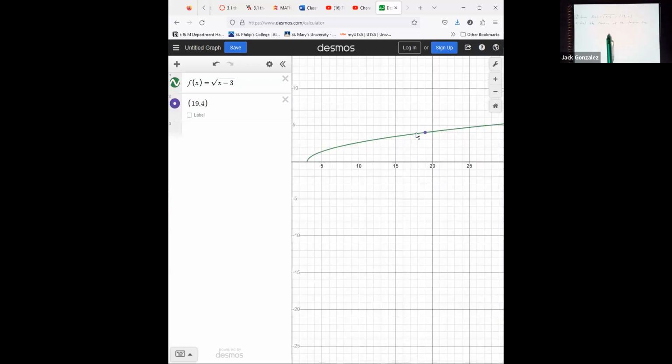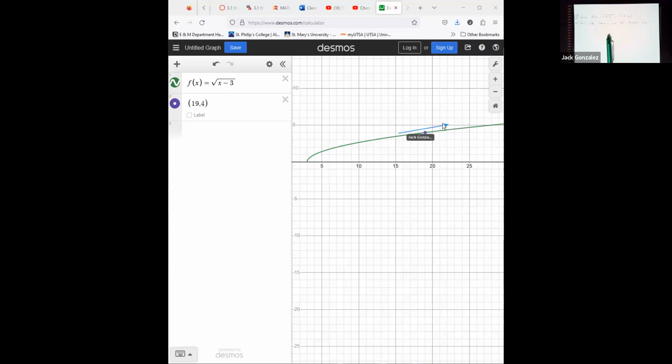Okay, so basically you have a function, square root of x minus 3, and there's a point that they gave us on the graph. They want to know what is the equation of the line that is tangent to that point. That's the question.